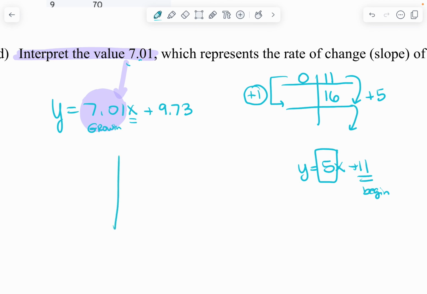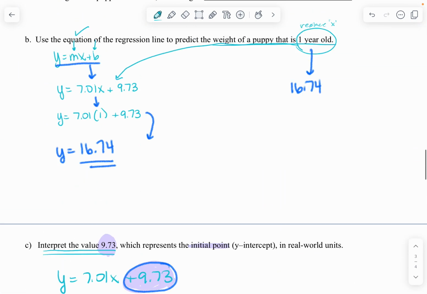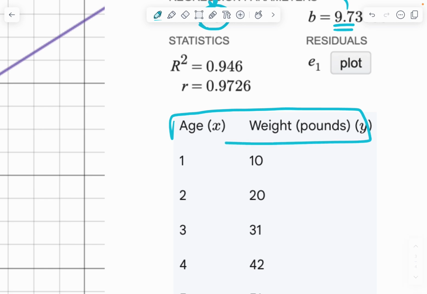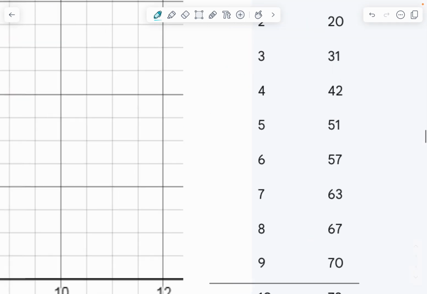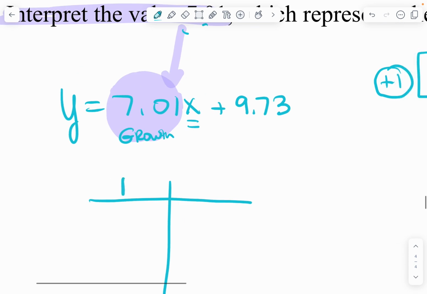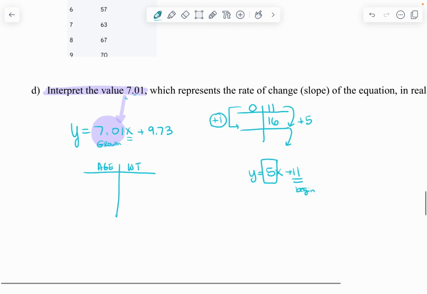If I was going to make a chart out of this situation, I'm going to go back and copy the chart. Notice the chart has age and weight in it, so I'm going to copy that exactly the same. This would be age and this would be weight. I'll show you how to copy the chart too.